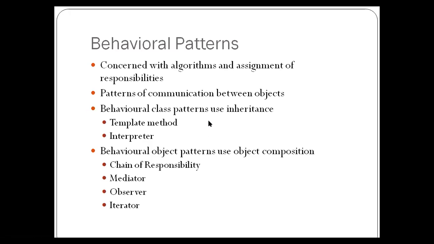Class patterns deal with the object oriented concept of inheritance to solve the problem, whereas the object patterns deal with the composition or the structure of objects and the messages passed between the objects during runtime for the solution of the problem. One of the object behavioral patterns we will see today is iterator.